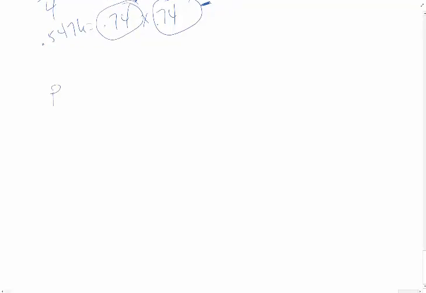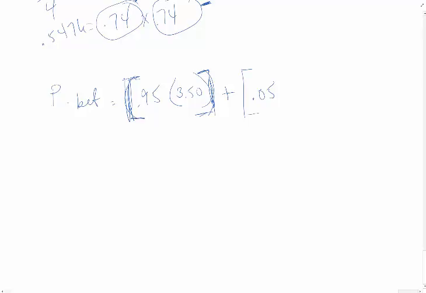Let's take the p-bet. The p-bet has a 95% probability of winning 350 plus, it has a 0.05 probability of losing, so minus $1 or whatever that currency is. I guess that's a lira, I guess.